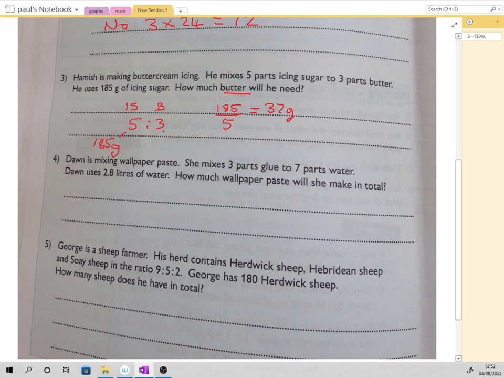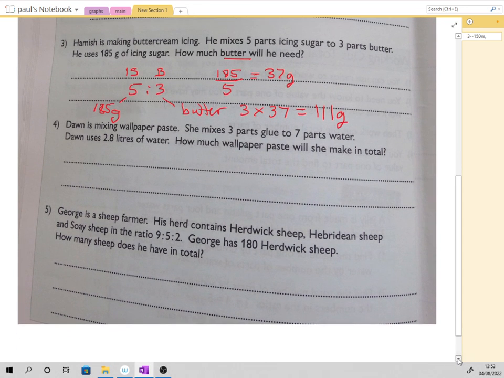The butter is 3 times 37, which is 111 grams. So don't forget, you can pause this. This is why it's on a video, not just a piece of paper. So you can pause, have a go, and see if you get the same answer as me.